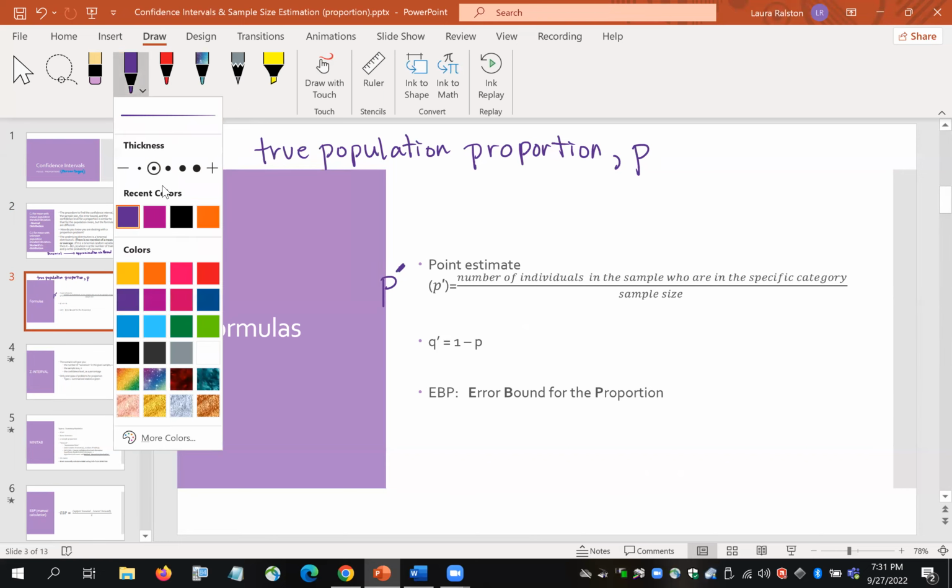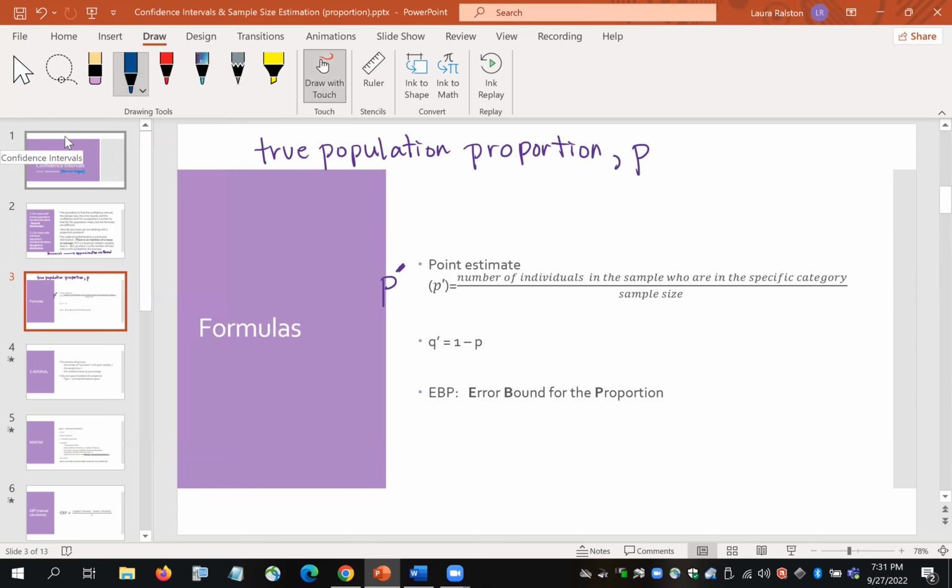Also, you have to go back and remember a little bit that from the binomial distribution, P is the probability of success, that you get what you want. Q is the probability of failure, you don't get what you want. And together, those two values total to 1. Q prime is 1 minus P prime, because P and Q together have to add to 1.